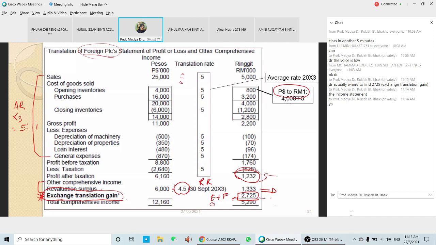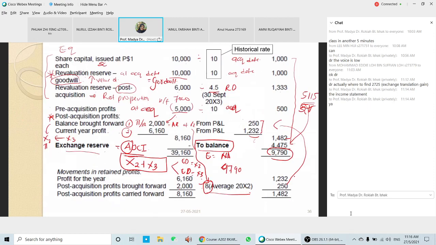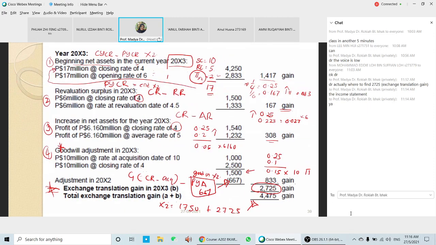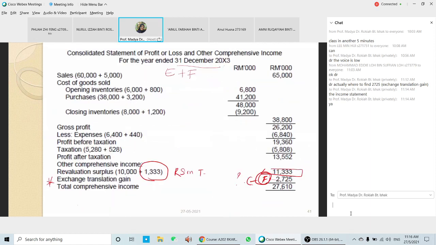This 2725 is going to be transferred to your consolidated income statement. This is the exchange translation gain in the year X3, so this is what you have here in the income statement X3. It comes from the translation.